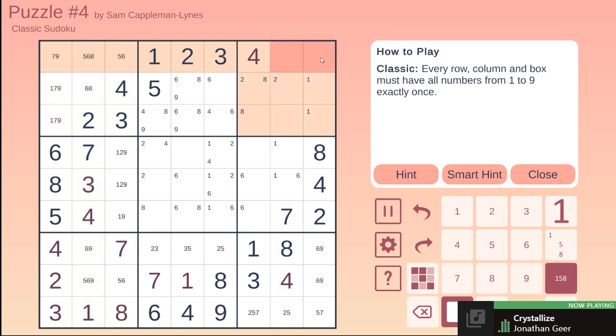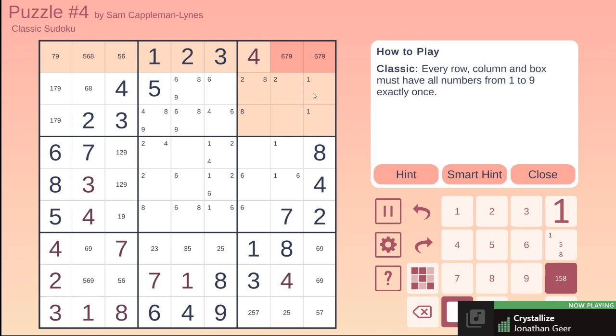Do we know what this is? Not really. This could be like 5, 6, 7, 8, 9. Right. Well, we know one of these is a 5, so this can't be a 5. It could still be 6, 7, 8, 9. These are not 8s. Obviously, these are not 8s. Because there's 8 there and 8 there.